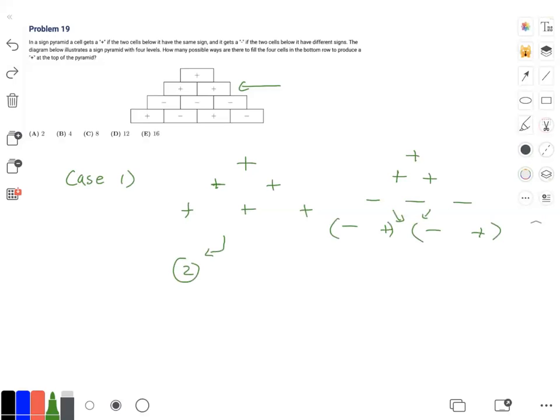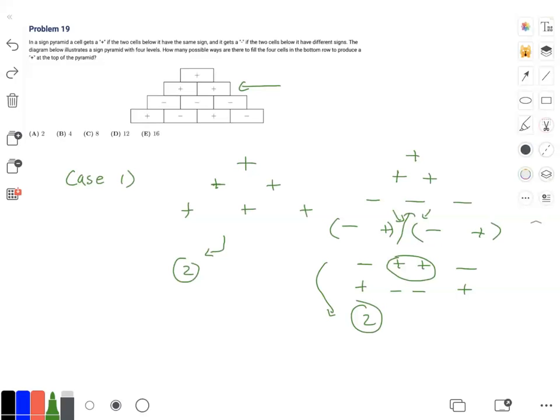But that'd be wrong, since that considers cases where we have minus plus plus minus. And if we have 2 pluses here, we know that the cell has to be a plus. This has to be a plus, and it's a minus, so that's no good. So we have to discount the cases where we have this or this. So of the 4 choices over here, we only have 2 that work. So for case 1, we have 2 plus 2 equals 4 choices.